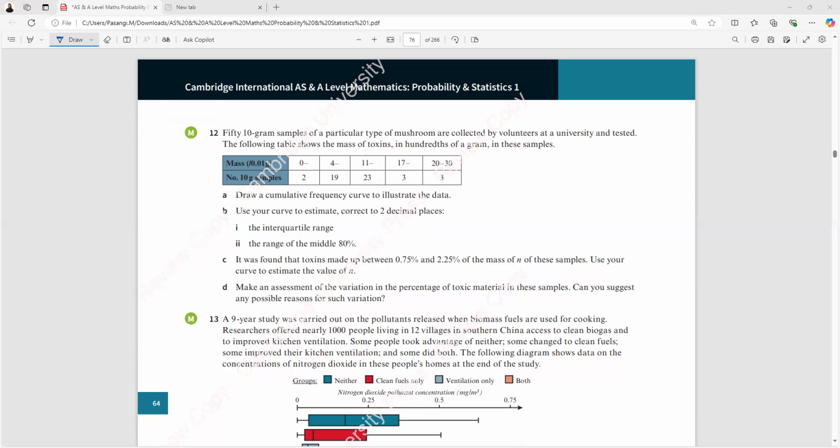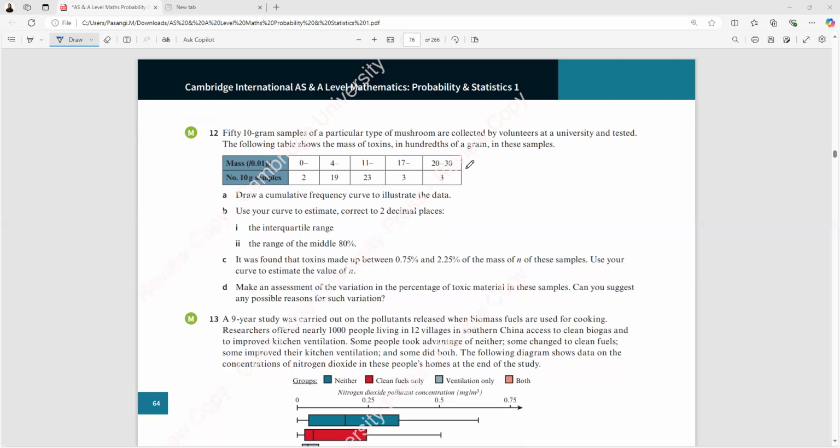We can calculate the cumulative frequencies and then take out the 0.75 and 2.25. The cumulative frequency is 50, so 0.75 out of 50, the 0.75 into 50th value.